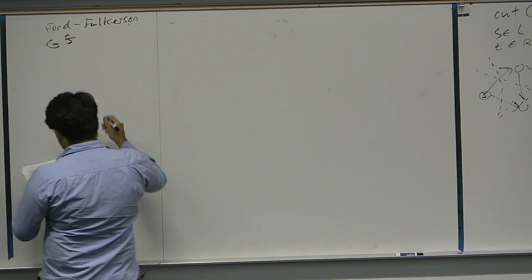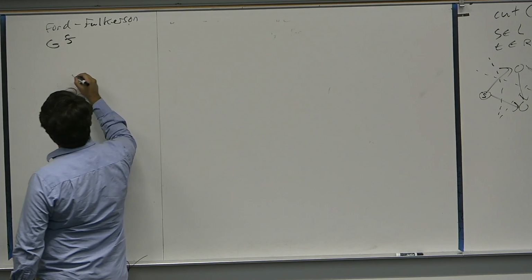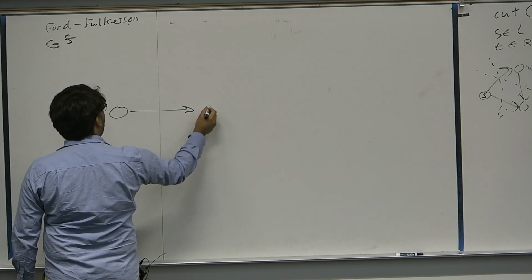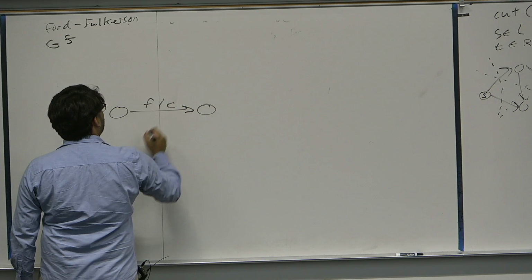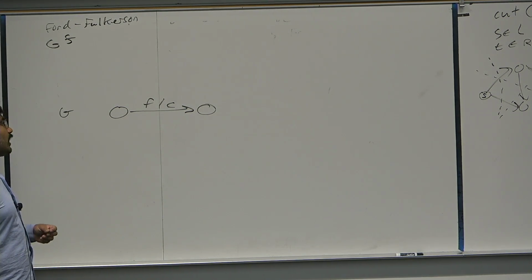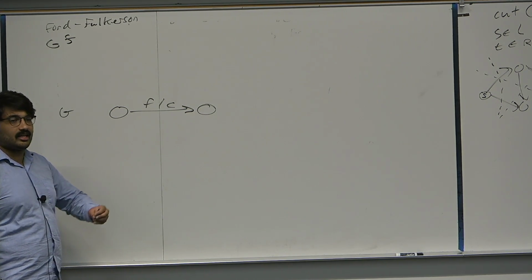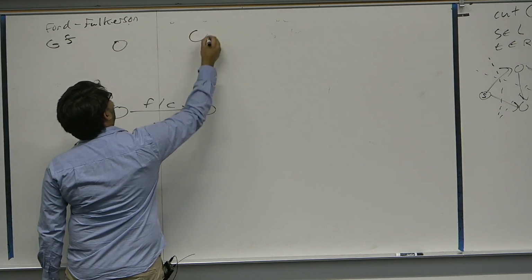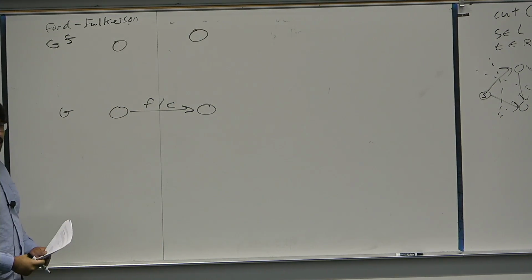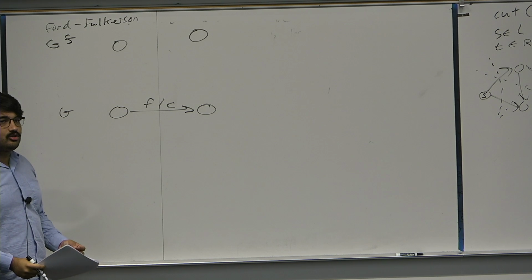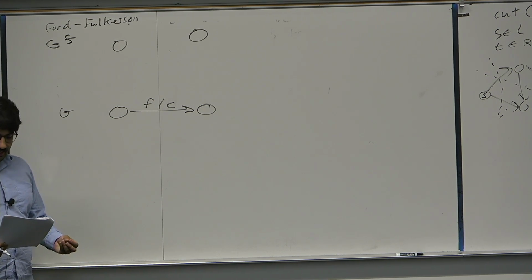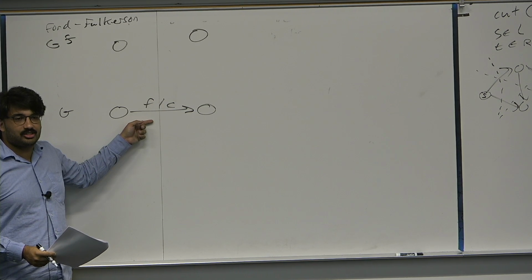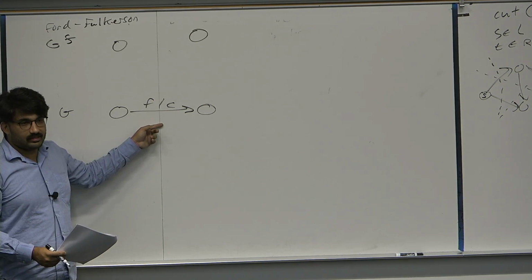When the graph G is assigned a flow of F comma C, we are admitting that we have some capacity C, and we're sending F forward. In the residual graph, we could undo that sending F forward by sending F backwards.